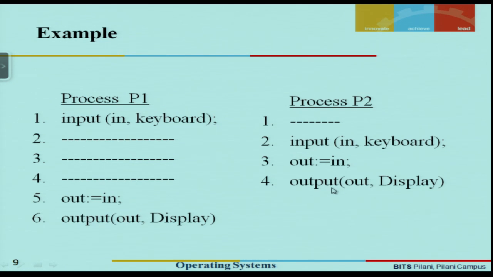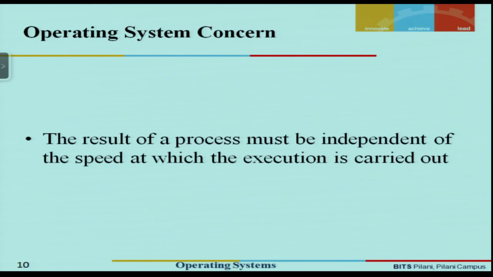So this is one problem. When it comes to the operating system, the result of a process must be independent of the speed of execution of the other processes. This is one of the requirements of the operating system.